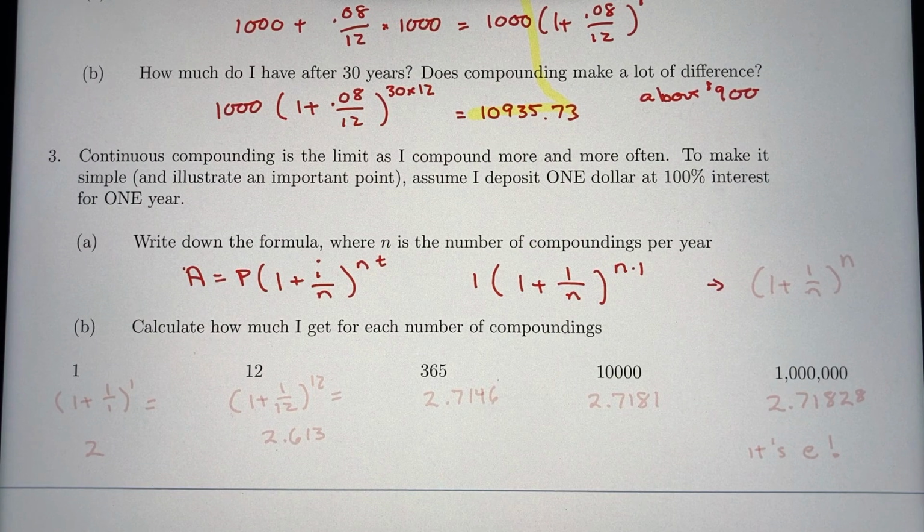So just 1 plus 1 over n to the nth power. This one I don't even need a calculator for. 1 plus 1 to the 1 is 2.